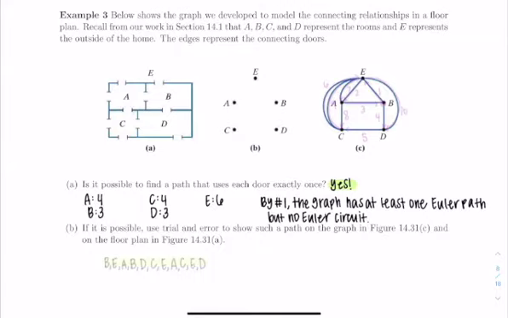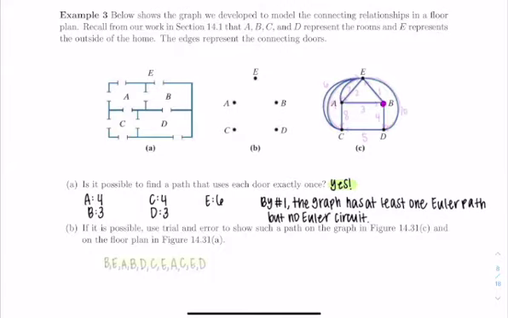If it is possible, we want to find a path. So we have to start at one of the odd vertices and end at the other one. So let's go ahead and do this starting with B, which means I need to end at D.